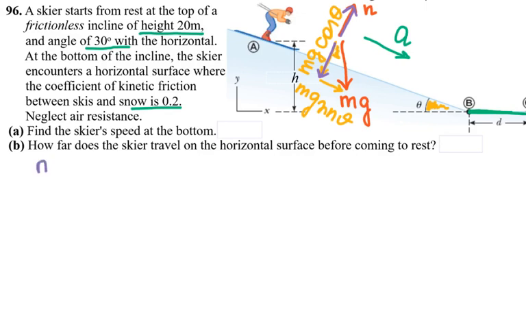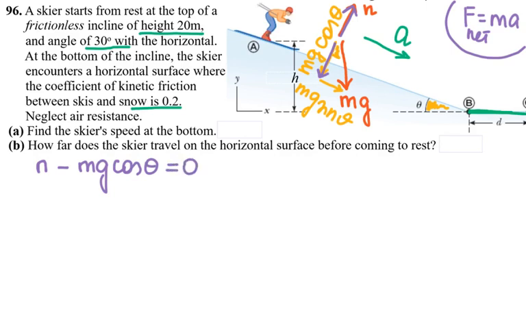So what I'm doing again, I am doing F is equal to ma. The net force is equal to ma. Always start with this formula. So vertically, I have the normal force up minus mg cosine theta, and there is no acceleration vertically, so that is equal to 0. And horizontally, I have only one force, mg sine theta, and that is equal to ma.